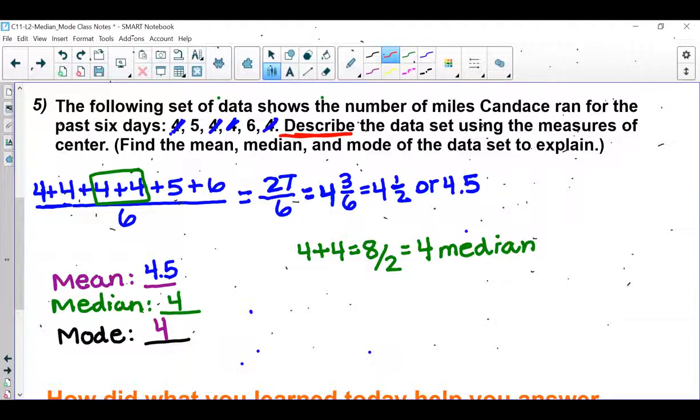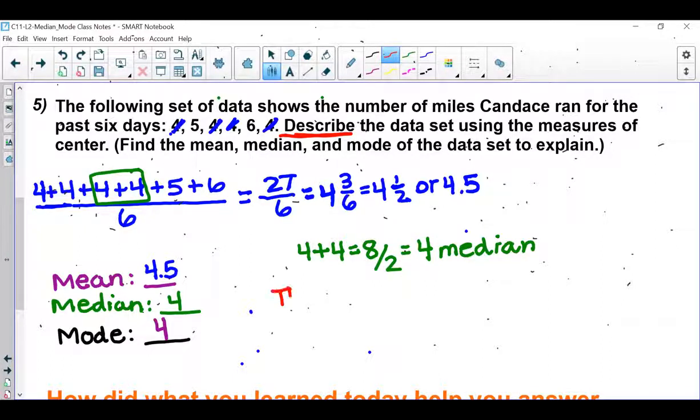What can we say between the mean and the median? There's a 0.5 difference. Higher or lower? Higher. Very good.